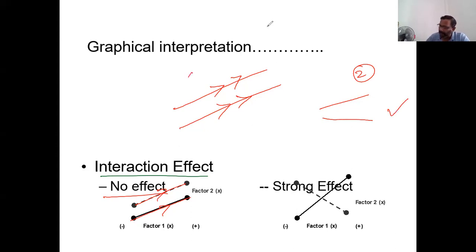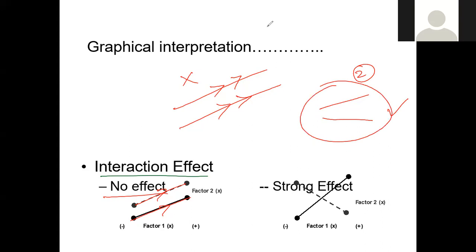If they are parallel, no interaction present. Based on how non-parallel they are, we can say whether the interaction effect is very strong or very mild, and so on.